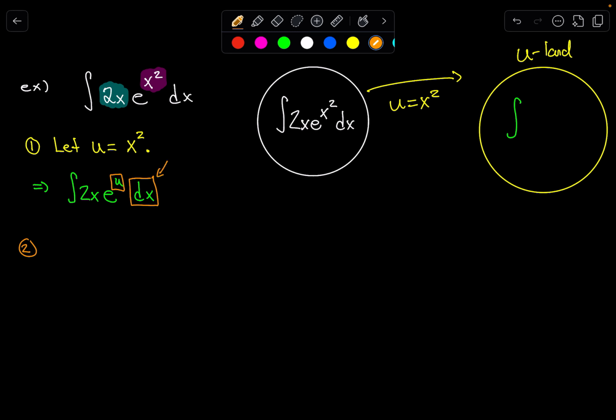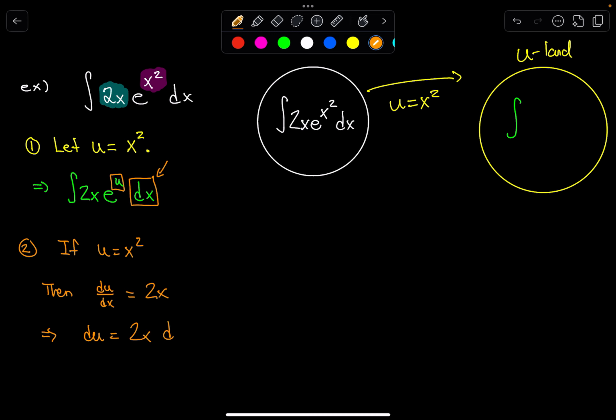And so we're going to use that, if u is equal to x squared, then if I take the derivative of both sides with respect to x, I'm going to get that du dx is equal to 2x. And now I have something that I can start manipulating that's going to give me a relationship between du and dx.